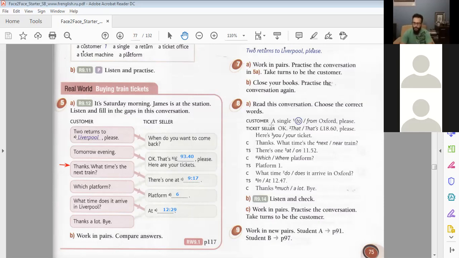Okay, this time let's switch. Basma, you can be the customer, and Manal, you can be the ticket seller, okay? Two returns to Liverpool, please. When do you want to come back? I want to come back tomorrow. That is £93.40.